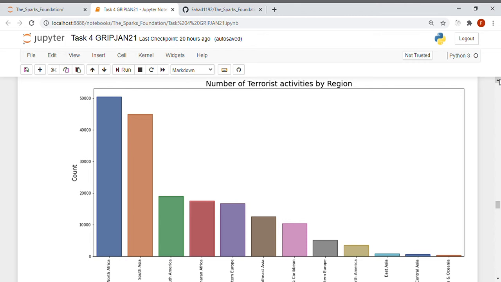Also, terrorist activities were a common part of life of the Sri Lankans and Indians as well. But in recent times, it has decreased.